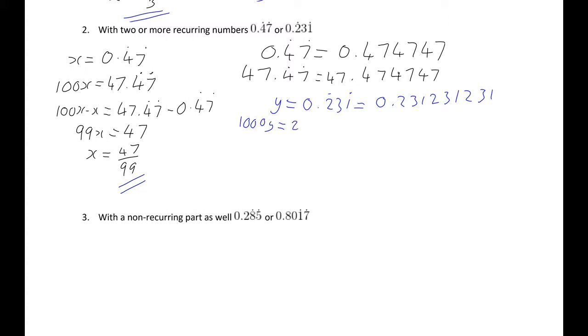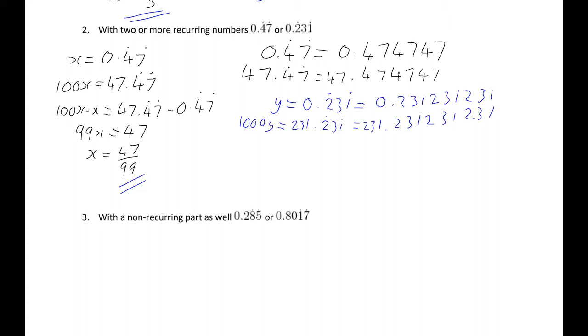And that's going to equal 231.231 recurring. Okay? So that's 231.231.231.231. And again, when we do one minus the other, we're going to see that that cancels all the way along.